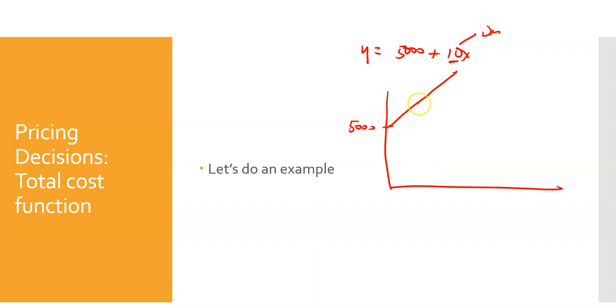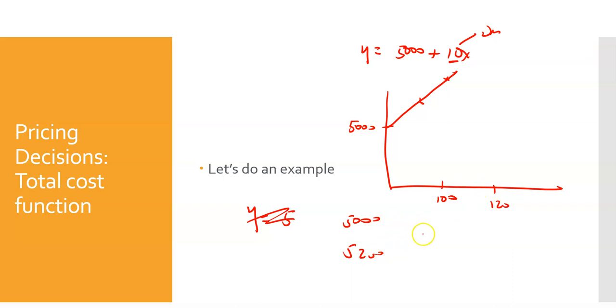You could also be given 2 points on the curve. For example, you might be told that the total cost of making 100 units is 5,000, and the total cost of making 120 units is 5,200. And so you'd use simultaneous equations.